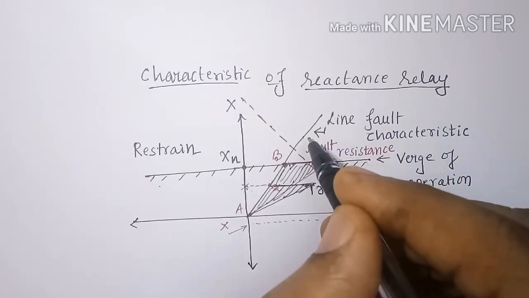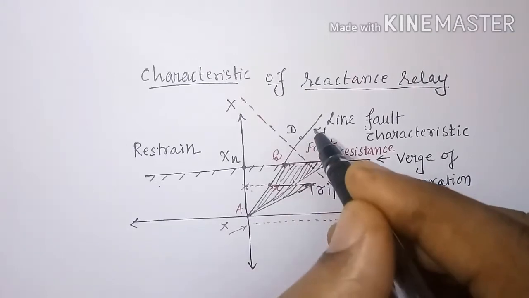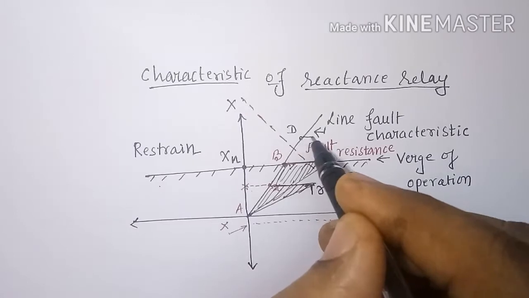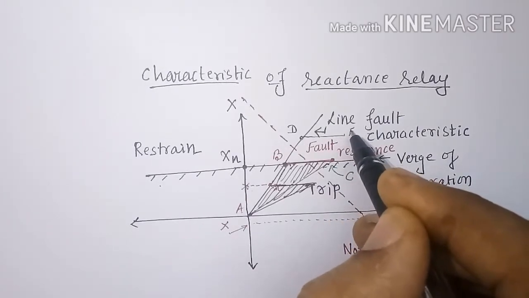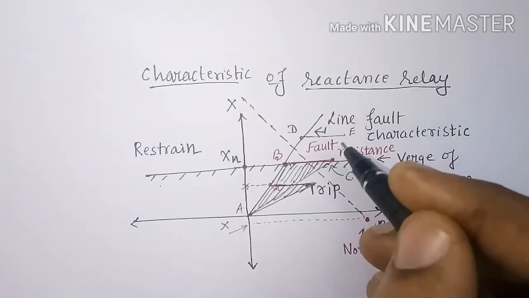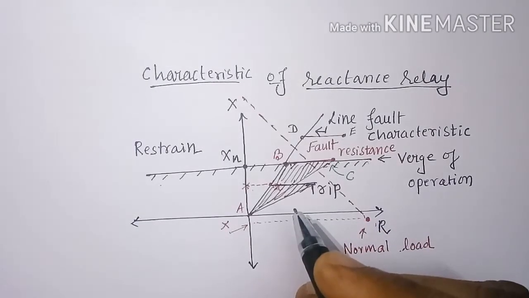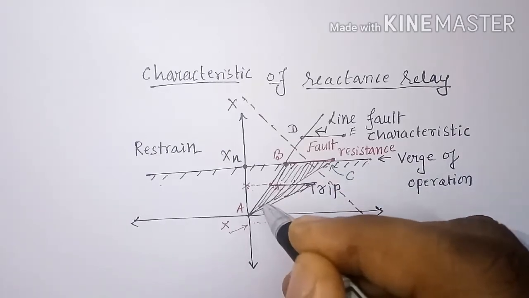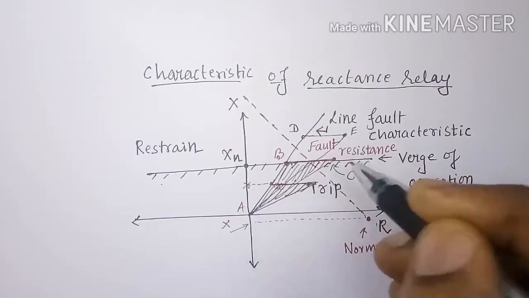If a fault occurs outside the protected zone, say at point D, and has a fault resistance, then this fault resistance is to be added to the fault impedance, due to which the impedance of transmission line under fault gets modified to AE.